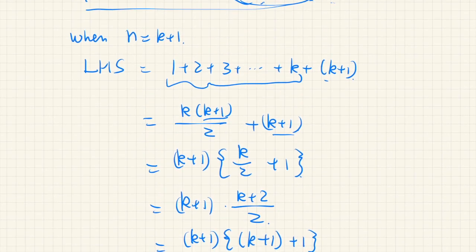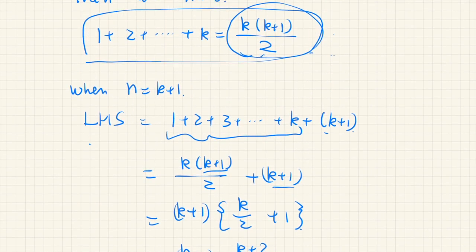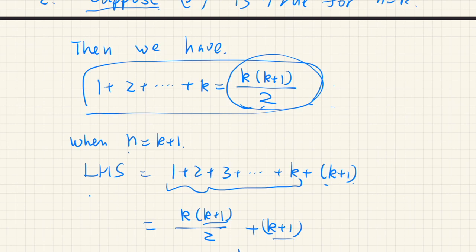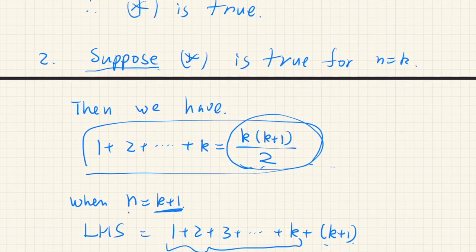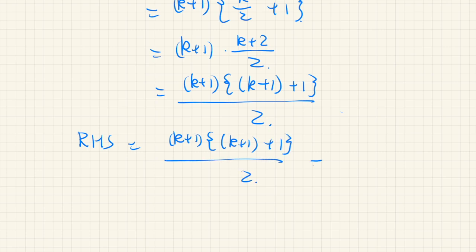And so the left-hand side is equal to this. The right-hand side is, of course, if we replace n with k plus 1 in the formula, what we get is k plus 1 times k plus 1 plus 1 divided by 2, which is equal to the left-hand side.